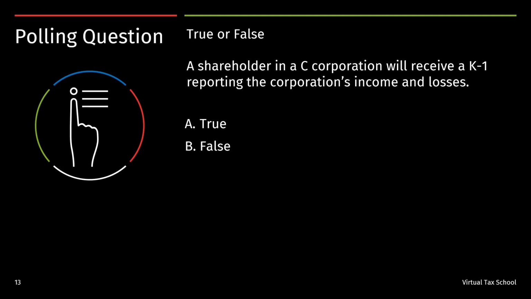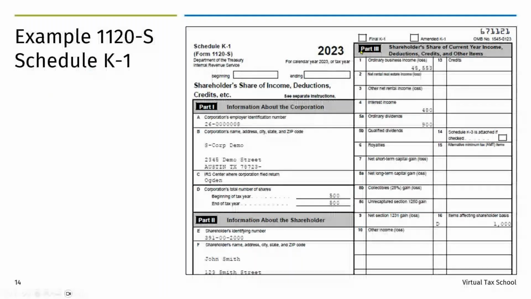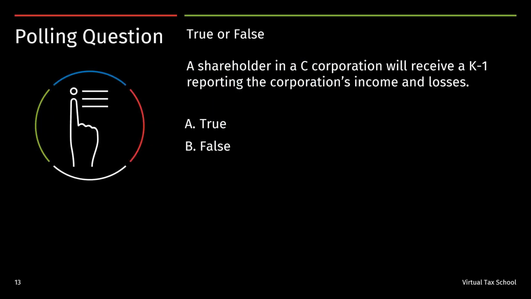So remember, corporations pay their taxes, and with the money they have left over after taxes, they're paying dividends to their shareholders. So they issue 1099-DIV. An S corporation, though, is passing everything through. So it's going to issue a Form K-1. So the answer is false, because an S corporation will issue a K-1 to the shareholder.